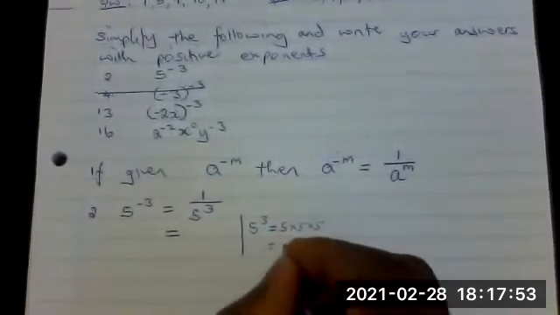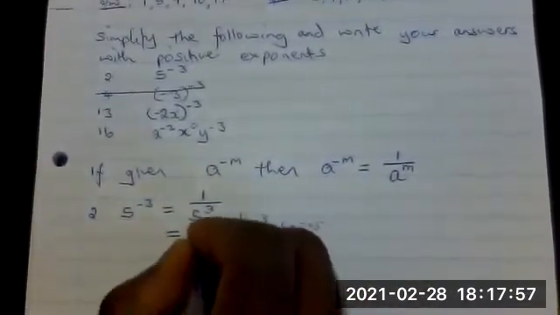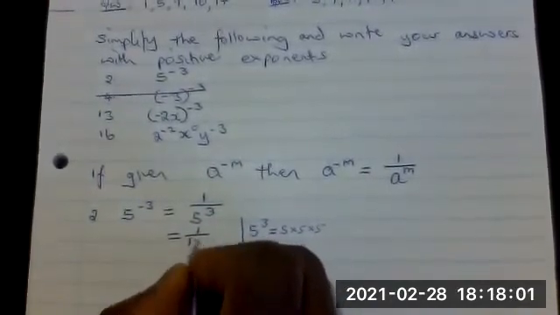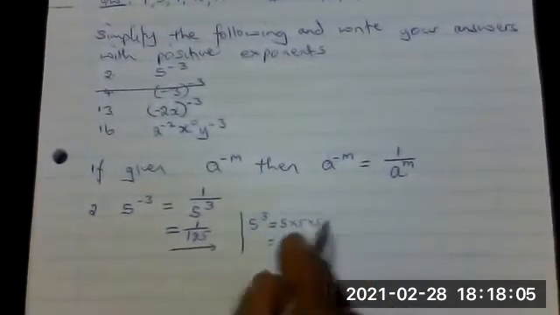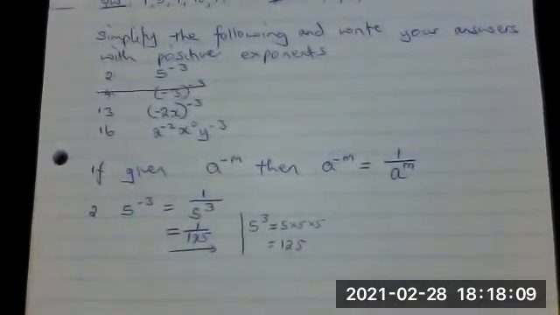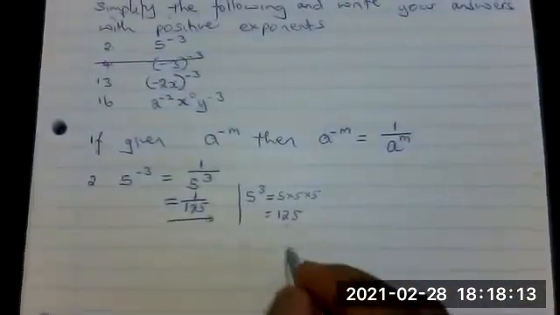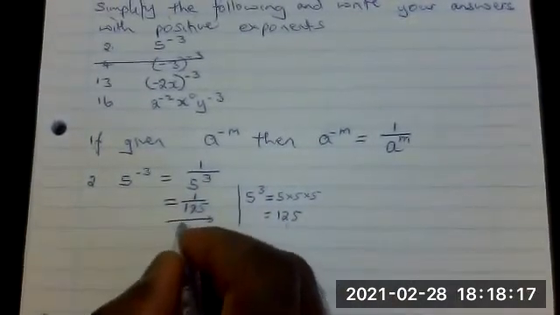The value here is 125. So our final answer becomes 1 divided by 125. This is what I've just calculated using my natural calculator, I just used my brain, okay? So it's 1 over 125.